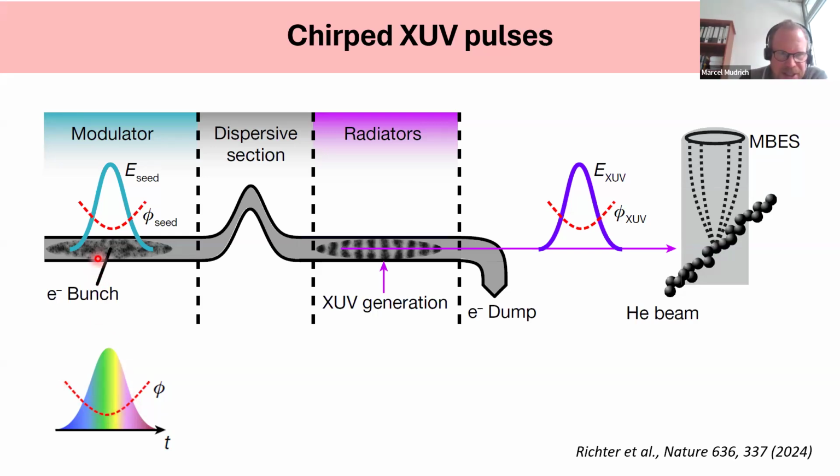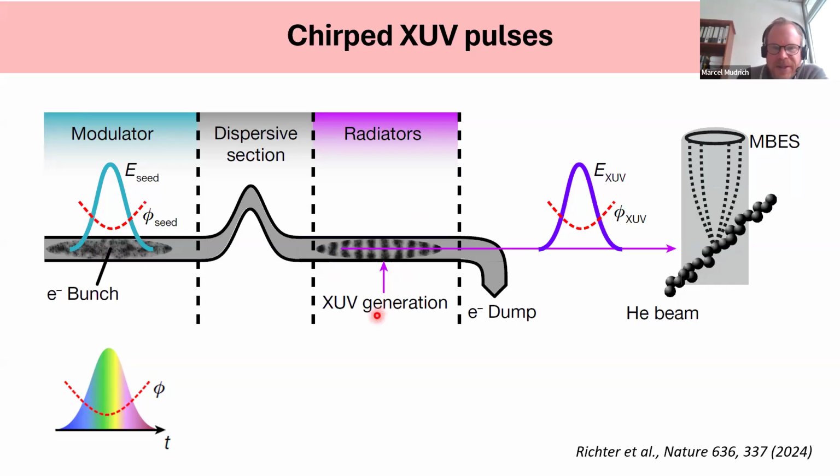And then we injected these chirped seed laser pulses into the FERMI FEL in order to produce chirped XUV, extreme ultraviolet, FEL pulses, and to see how much control we really have over the pulse properties in this HGHG process.